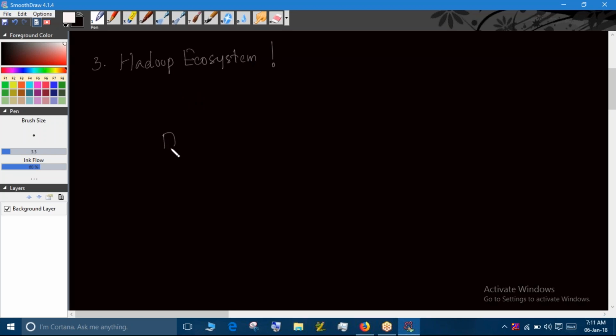At the very lowest level, we have data storage, data processing, and then we have data access, data management, and on top of all these layers, we have something called data analytics. So the ultimate goal of a Hadoop ecosystem is your data analytics.